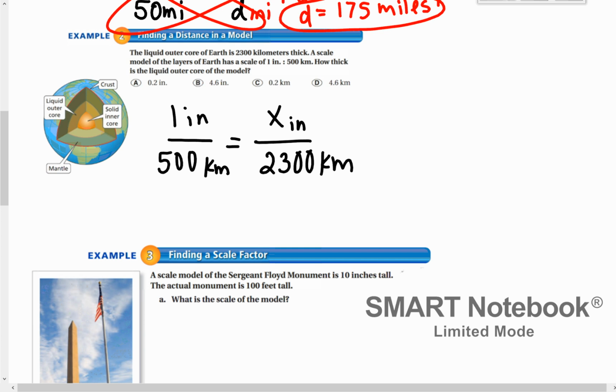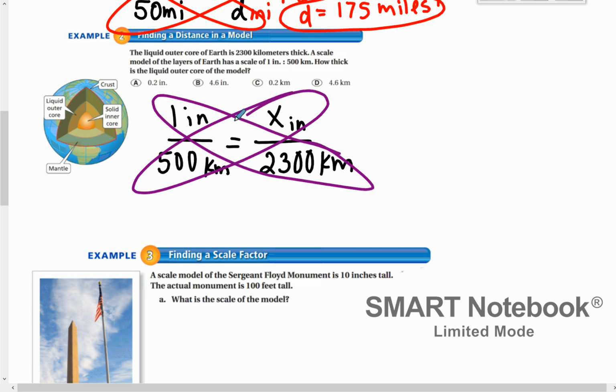All right, so now to solve, again, please pause the video so you can try to solve this on your own and then you can resume the video to check it. We're going to just be multiplying those cross products. So I take 1 times 2,300, which just gives me 2,300, which is equal to my other cross product, 500x.